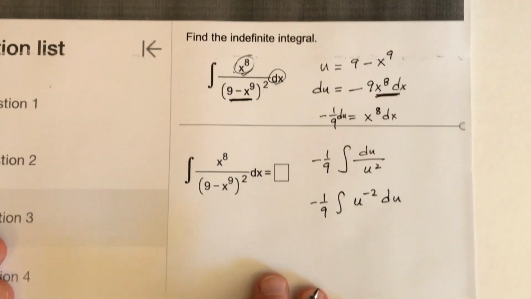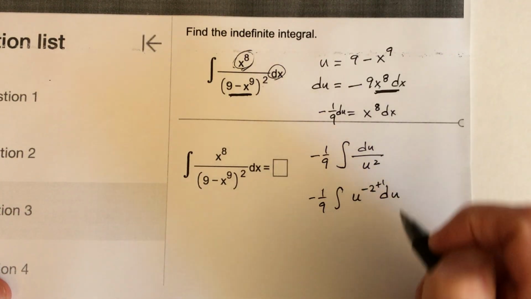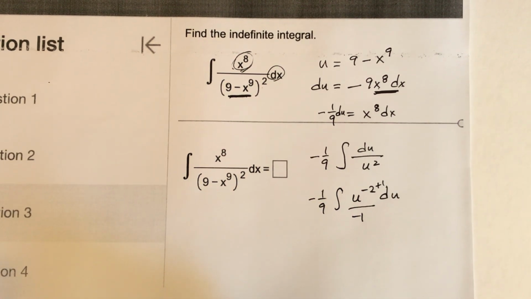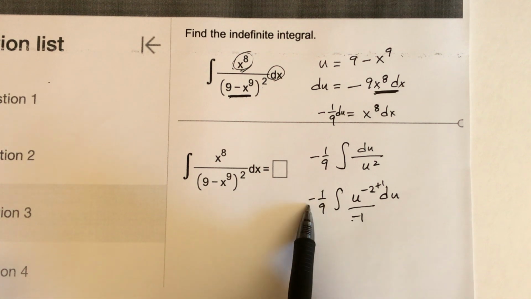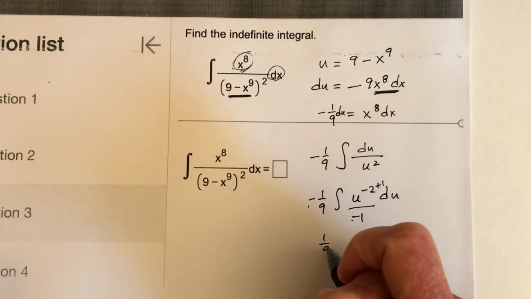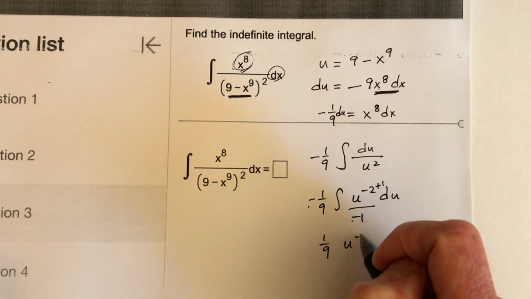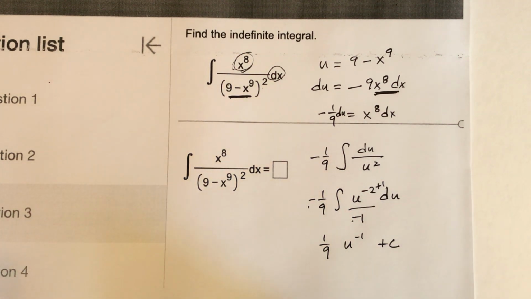Then you can add 1 to the exponent, which makes it a negative 1, and then divide by negative 1. So this negative and this negative are going to cancel. That will be 1/9, and what's left is u to the negative 1. And don't forget the plus c.